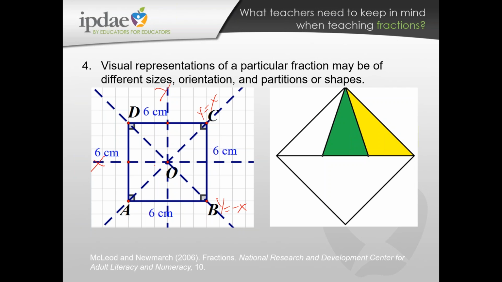Now if I want to represent 1/2, I don't have to represent 1/2 by shading the normal way. I can represent 1/2 like this. And let me pick that, let me pick that, and let me pick that.